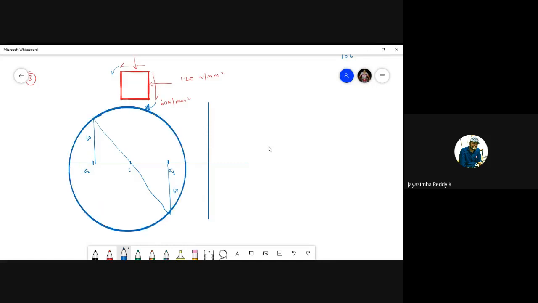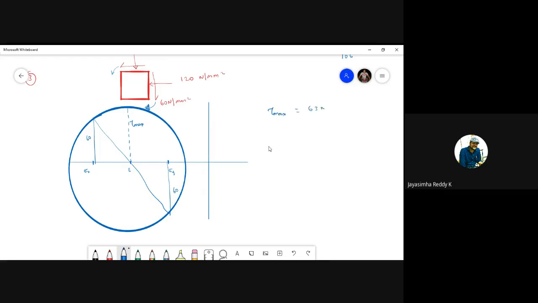Okay. Is it clear? So after doing this, you have to drop a vertical radius line, and this vertical radius line is nothing but tau max.